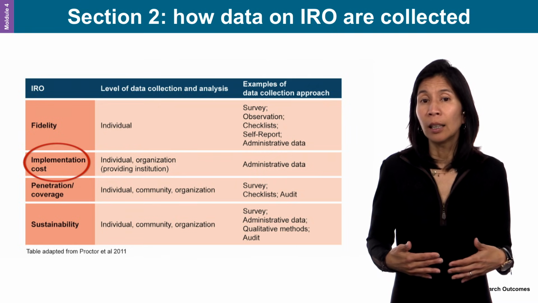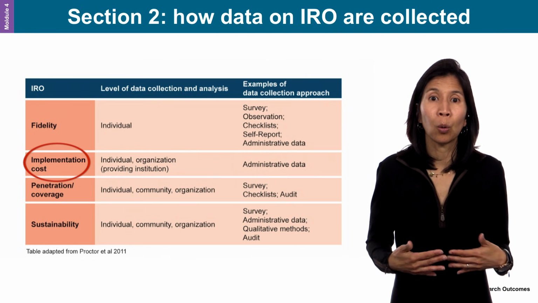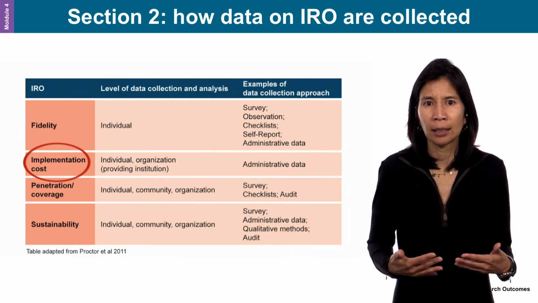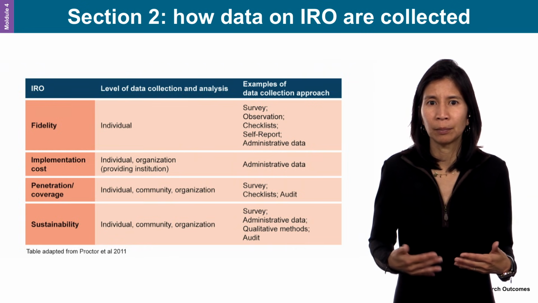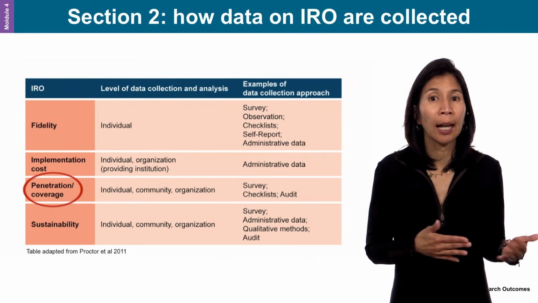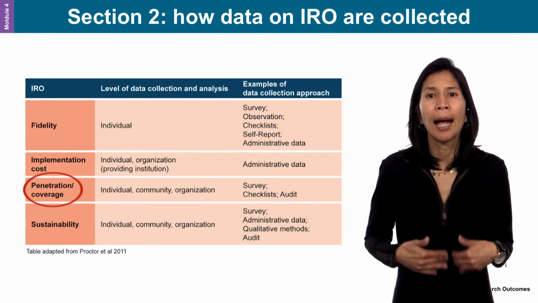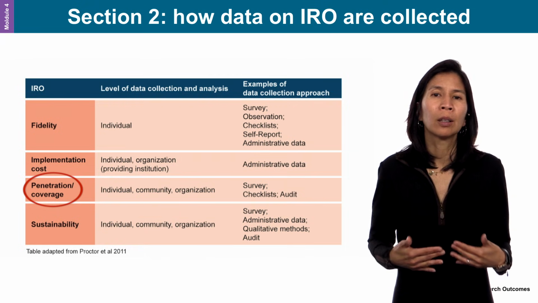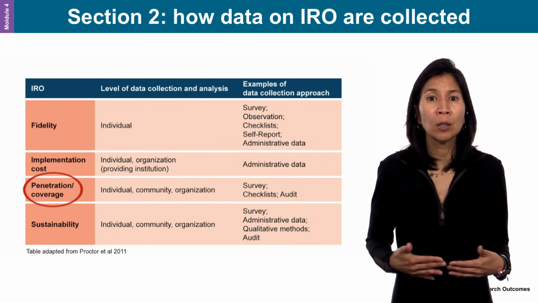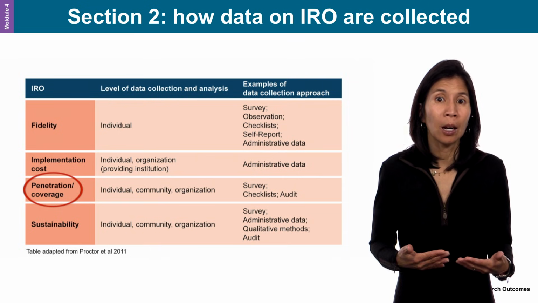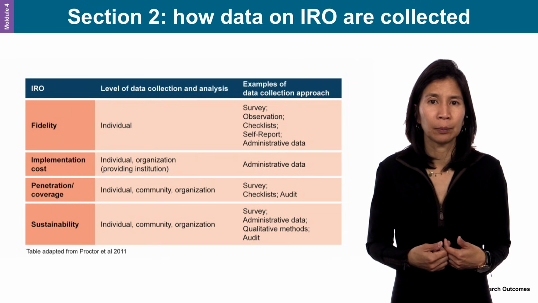Implementation cost can be measured by the individual or organization level by assessing cost data that's already being collected by the clinic or organization. Penetration, the extent to which a population eligible to receive an intervention actually receives that intervention, can be measured at the individual, community, or organization level, also through surveys, checklists, and/or an audit by an independent observer.